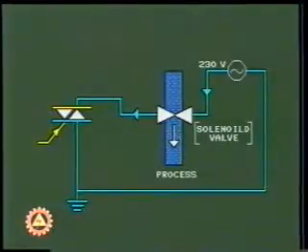As the solenoid valve goes to the on state, the chemical starts pouring into the process. By controlling the on time of the solenoid valve, we add the appropriate amount of chemical into the process.